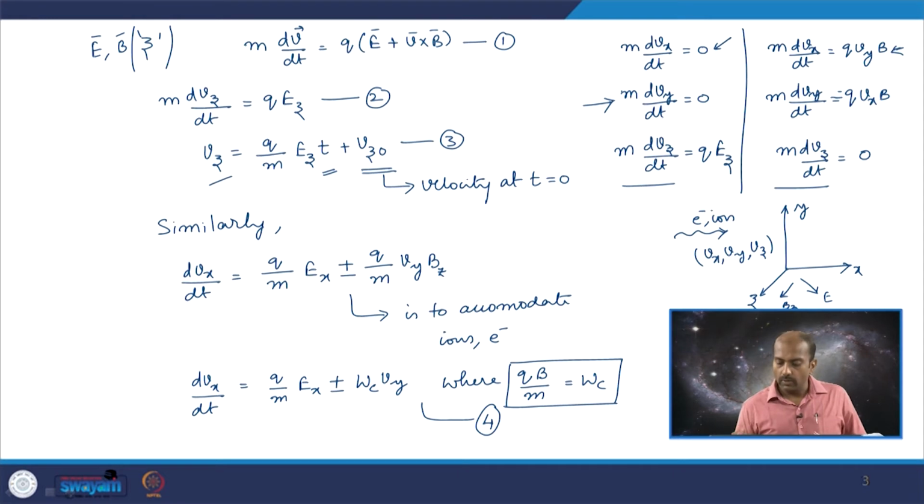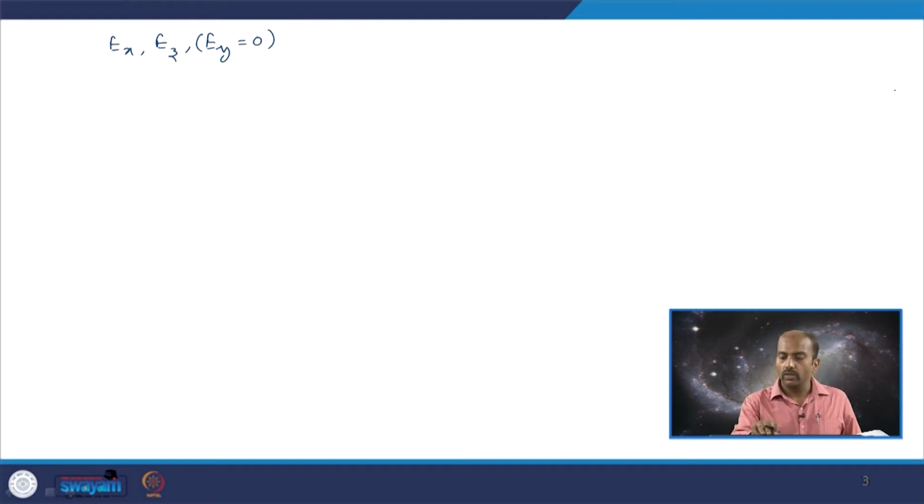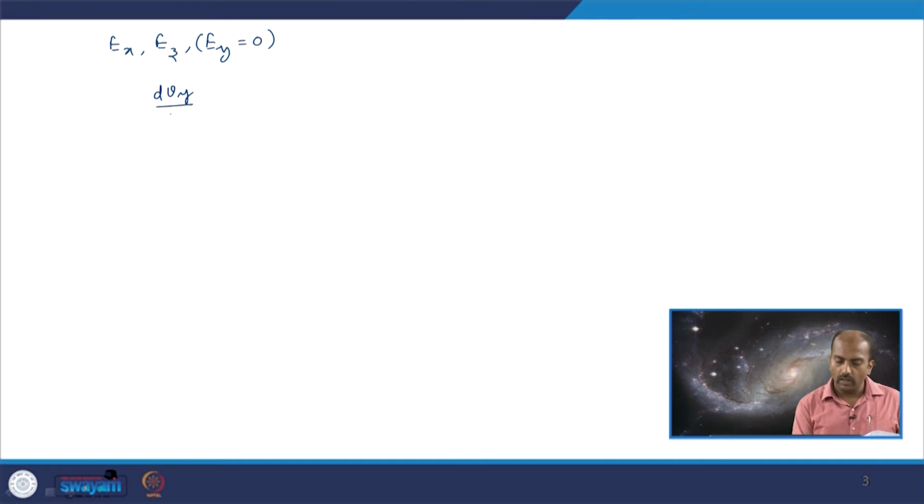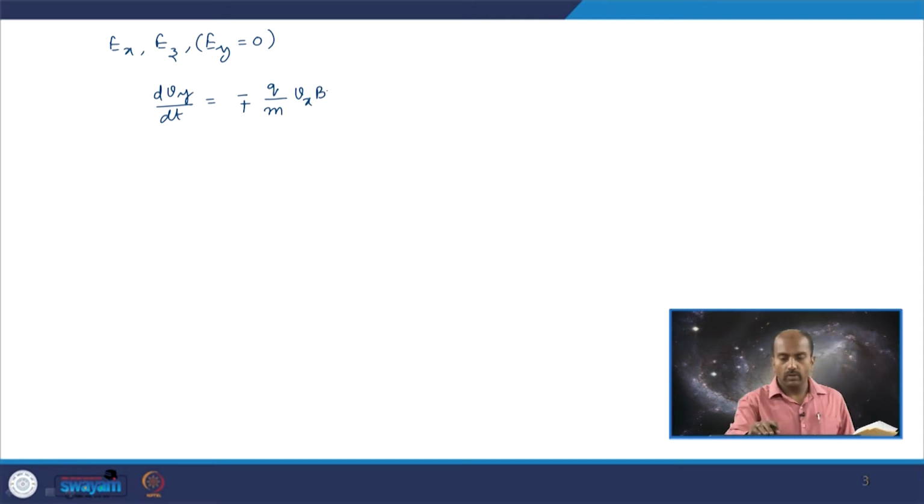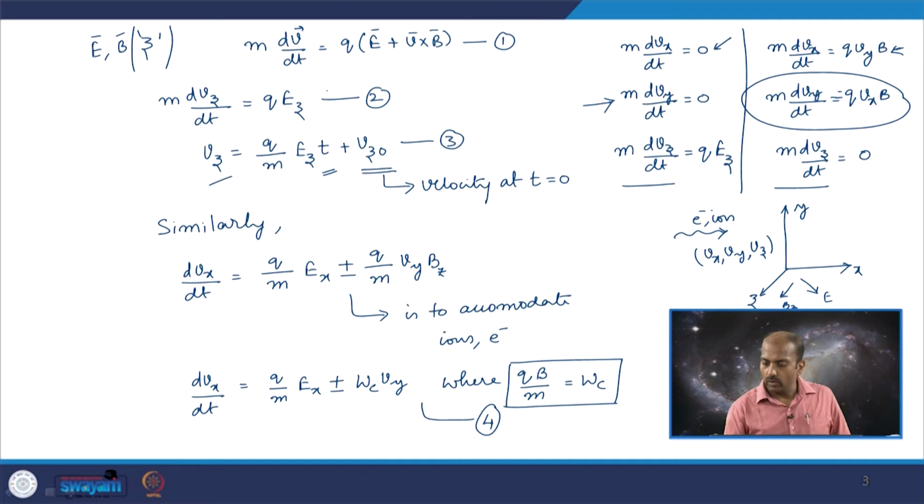The motion of the particle along the y axis is going to be only due to the magnetic field, but not due to the electric field. So we can write dVy/dt equals minus plus, because we already have a minus there, q/m Vx B.